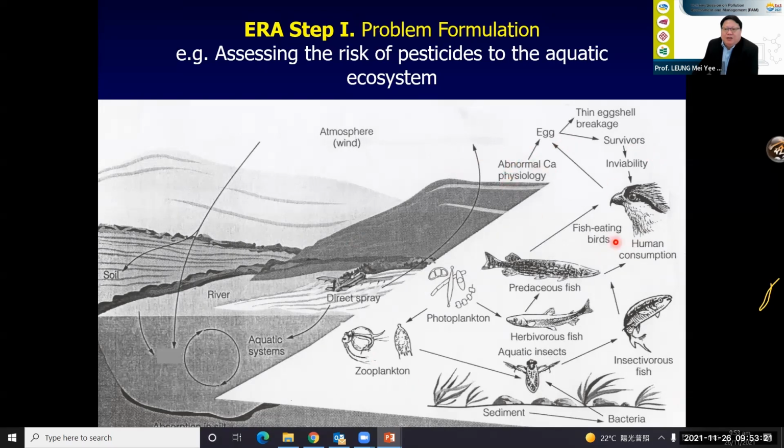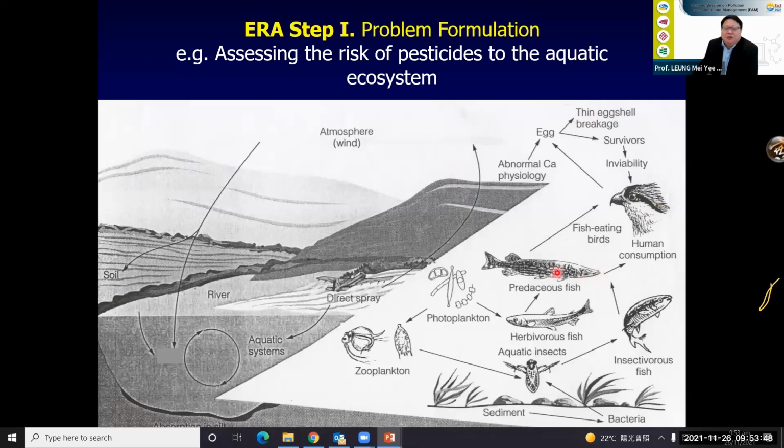Very often we say if we can protect the top predator, the population still remain stable. That means the whole food web structure will be protected too. So very often the environmental authority will use the population parameter as the assessment endpoint.